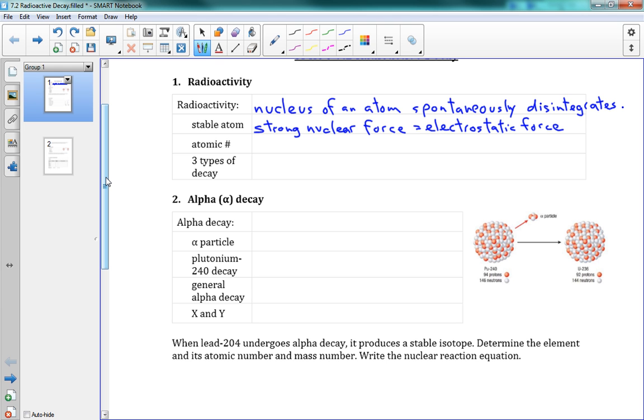Now, the higher atomic numbers we have, as you go up the periodic table, you get more protons. A higher atomic number means it has more protons. And if it has more protons, that means it has more electrostatic force, and that means that it's less stable.